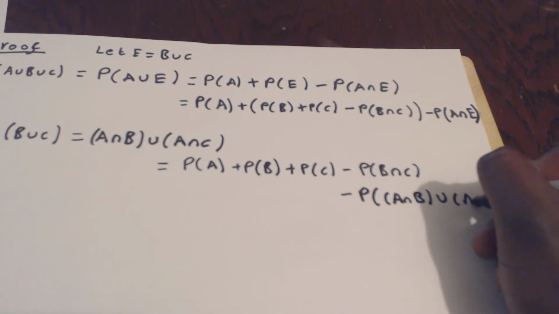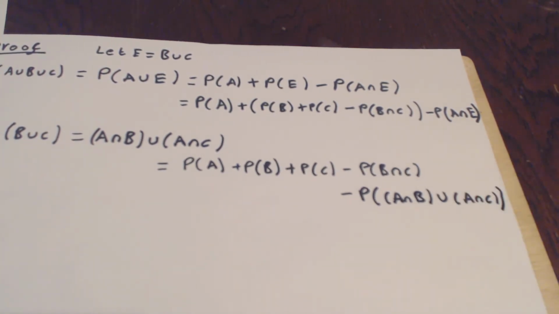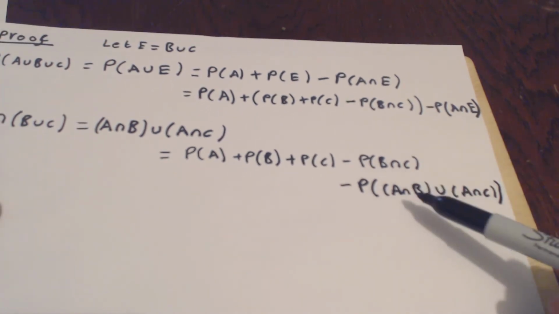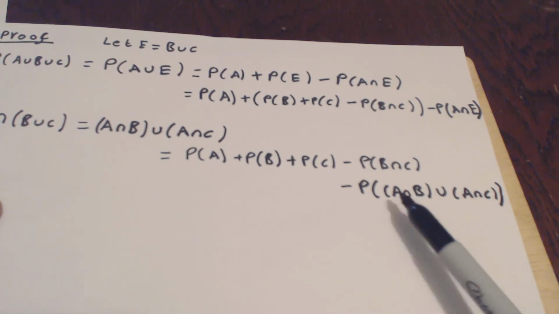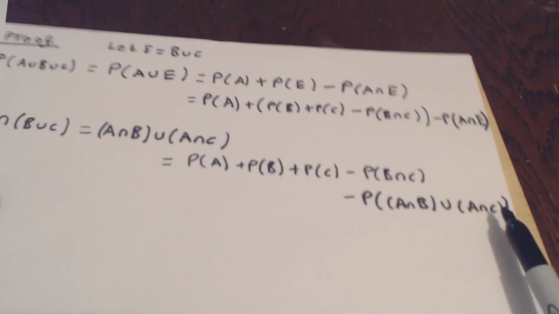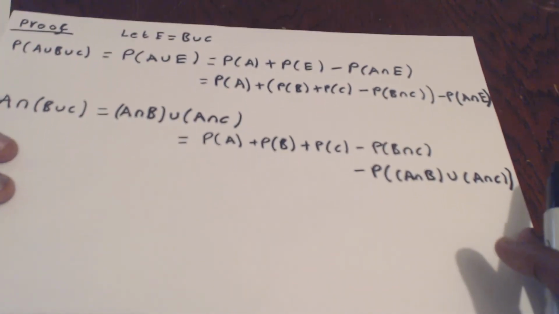Okay, now we can apply inclusion-exclusion here, because if you let A intersection B equal F, for example, and A intersection C equal G, you'll see that I can apply inclusion-exclusion as the probability of F plus the probability of G minus the probability of F intersection G. But I'm not going to use F and G because I think it's pretty clear from here anyway.